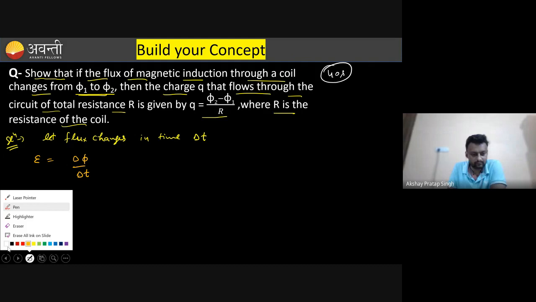I is delta phi by delta t times 1 by R, and multiplying by delta t, Q is delta phi by R.